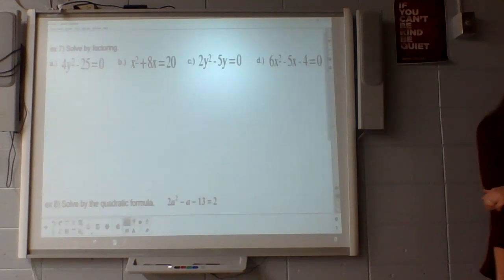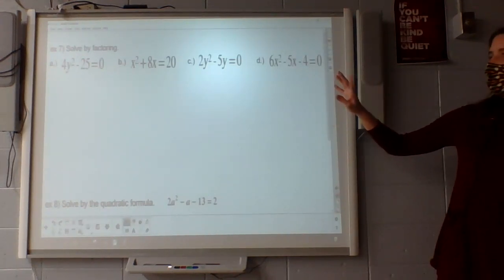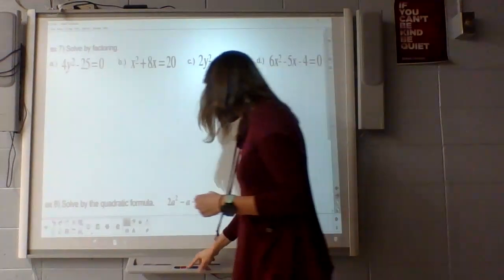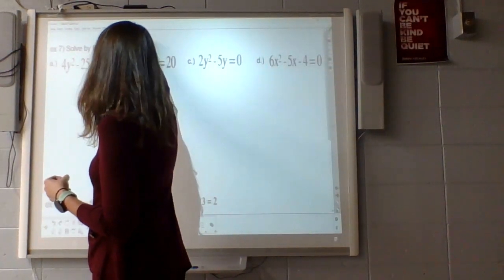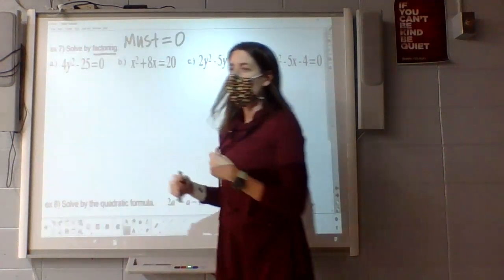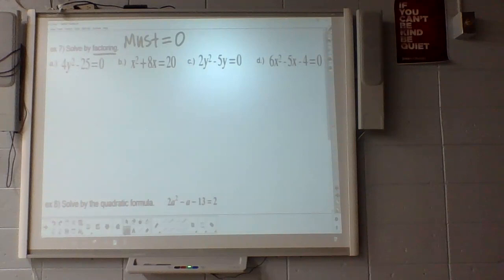Okay, so guys, this basically covers the 4 types of factoring that we could have, solved by factoring. Now, if you guys recall, with solving by factoring, we wanted to equal 0 first. So they must equal 0 if you're solving by factoring. So we had a whole chart just for this one.